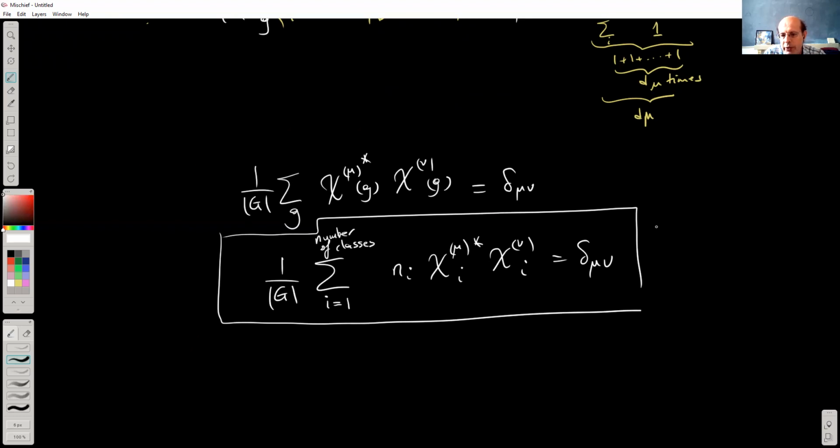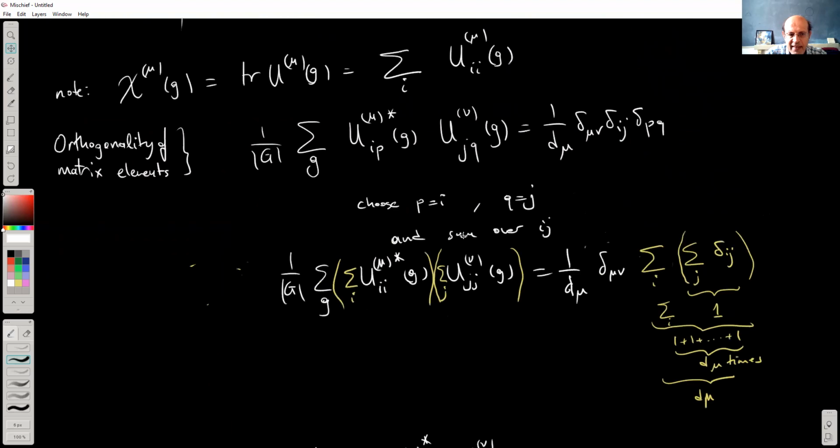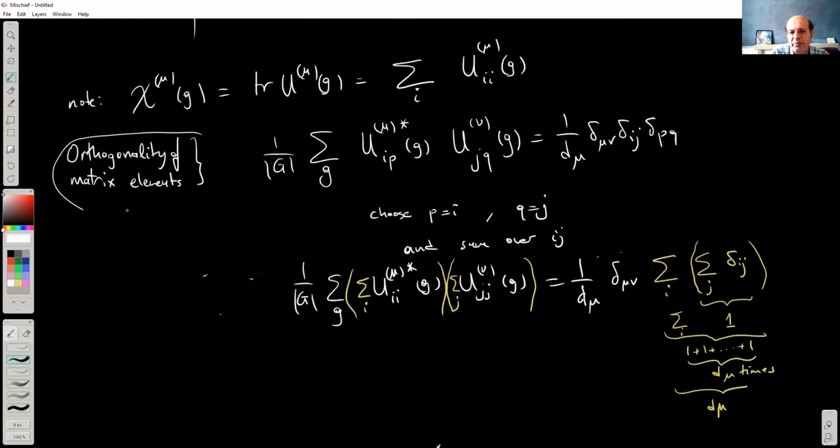Right, this is called the orthogonality of, let me say orthogonality, right? It's called the orthogonality relationship of characters. Just remember this. This was called the orthogonality of the matrix element.